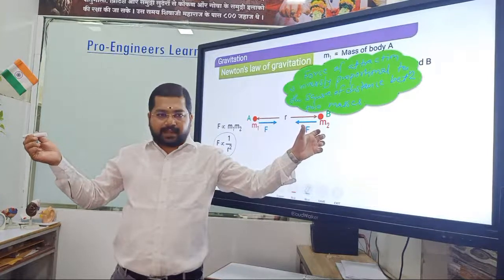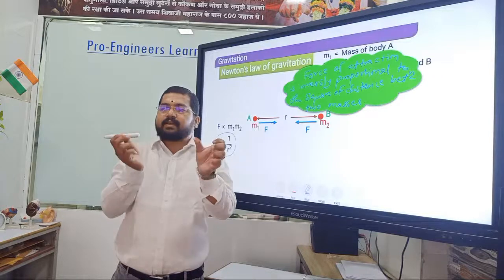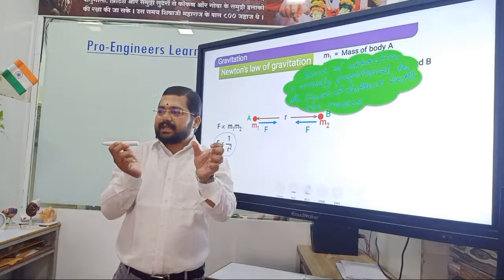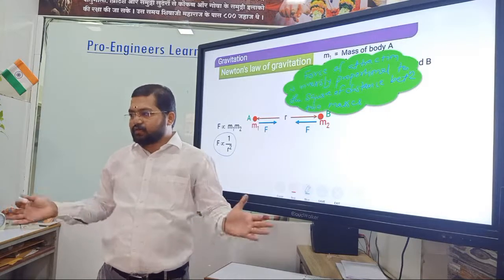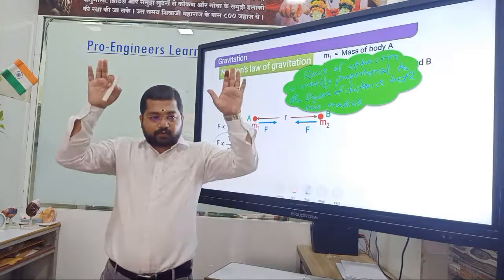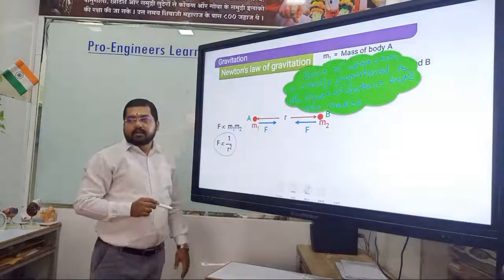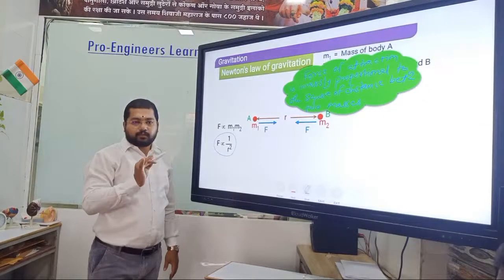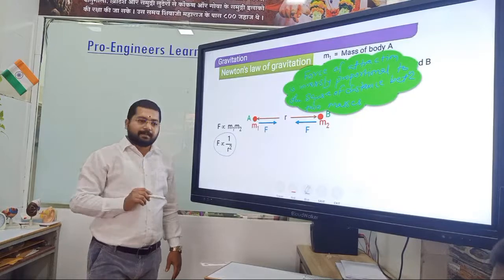But as soon as we decrease the distance, they will immediately attract. It means as distance decreases, force of attraction increases. As distance increases, force of attraction decreases. So it is inversely proportional. Force is inversely proportional to the square of distance between them, right?